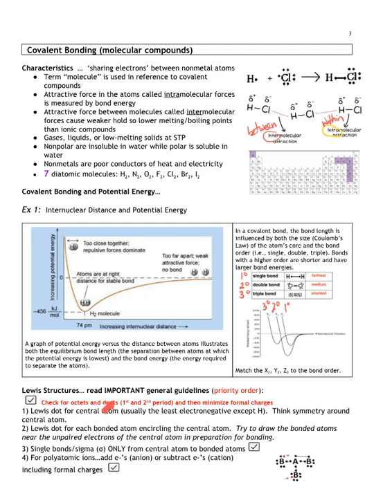Moving down to Lewis structures, you've got to read these important general guidelines, and they are in priority order. Number one, you want to make sure you follow and do first. This is all about drawing Lewis structures for covalent compounds, and following this order ensures that you never make a mistake drawing them.